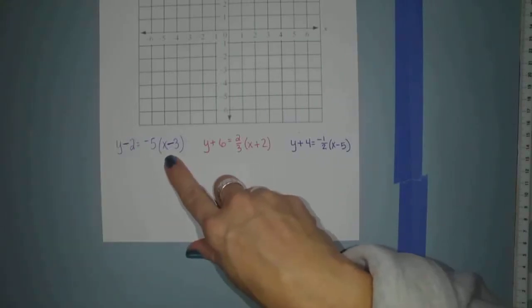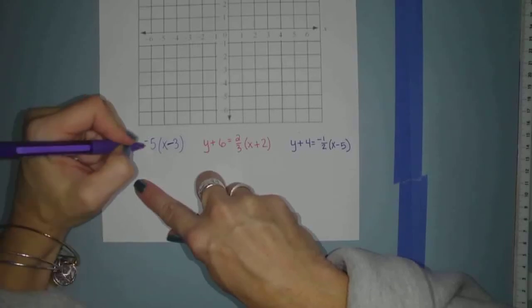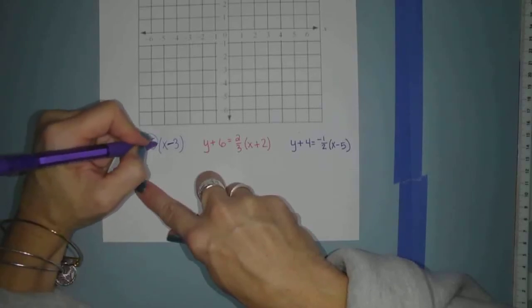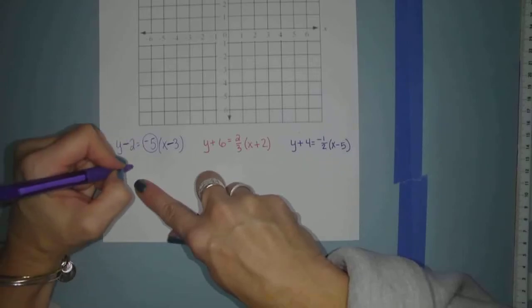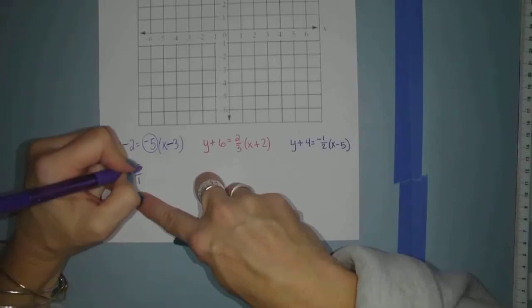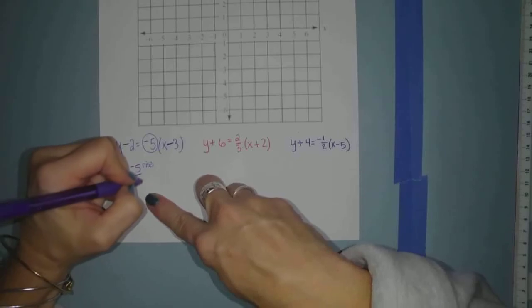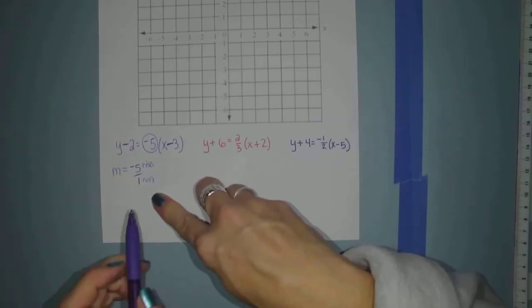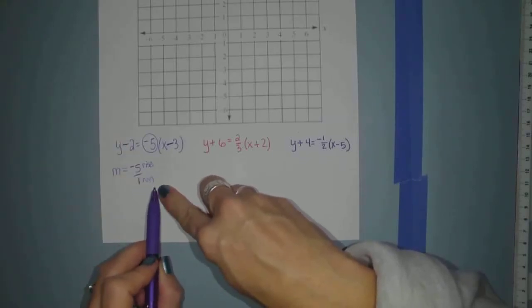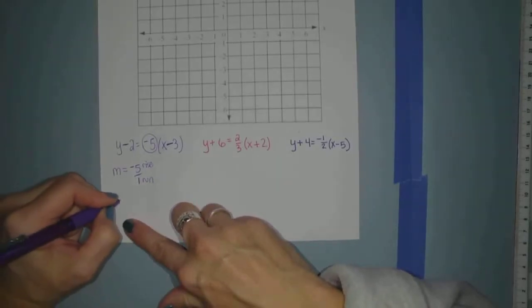So that's great. So we can now see that our slope is right here, negative 5. So my slope is negative 5, which we know we should write as negative 5 over 1, so that we have a clear rise, which will go down 5, and a run, we always run right, a 1 run. Okay, now here comes our point.